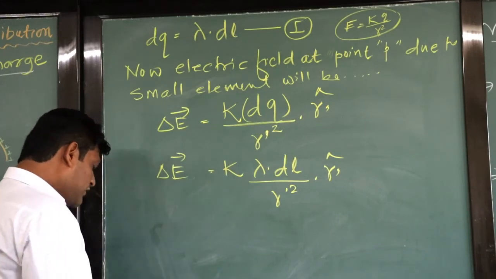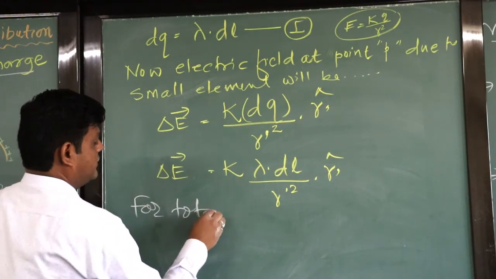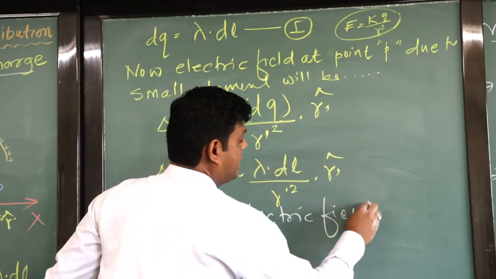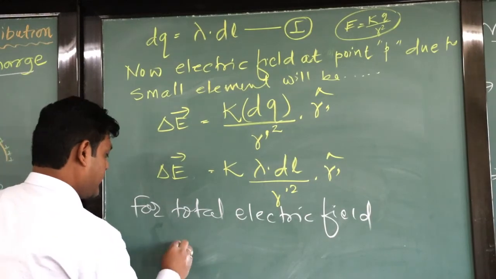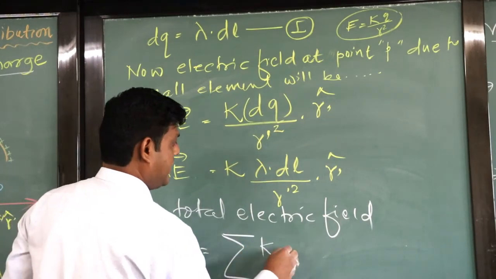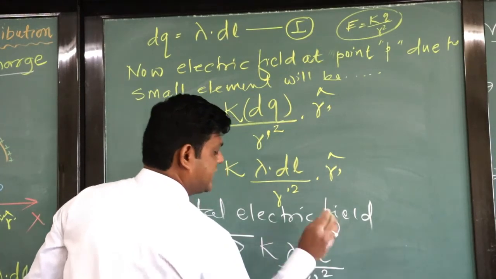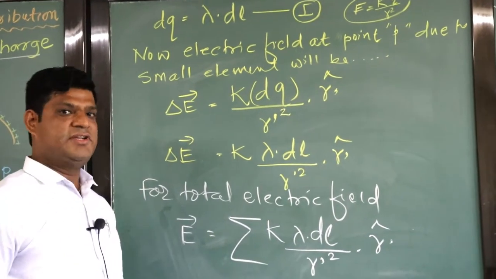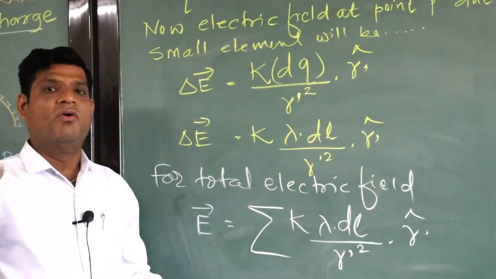Now for the total electric field, taking the help of summation, electric field E vector equals summation of K lambda into dl divided by r dash square into r dash cap. So this is our final equation. This equation represents the electric field at point P due to the whole line, right?